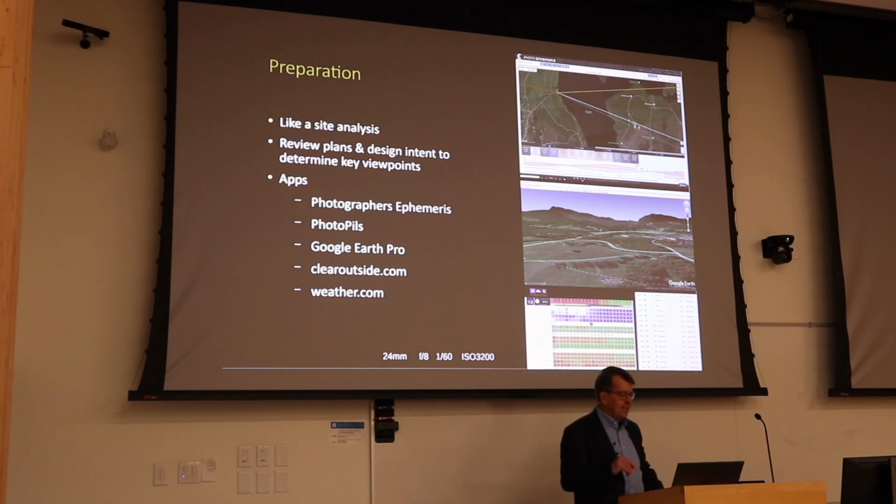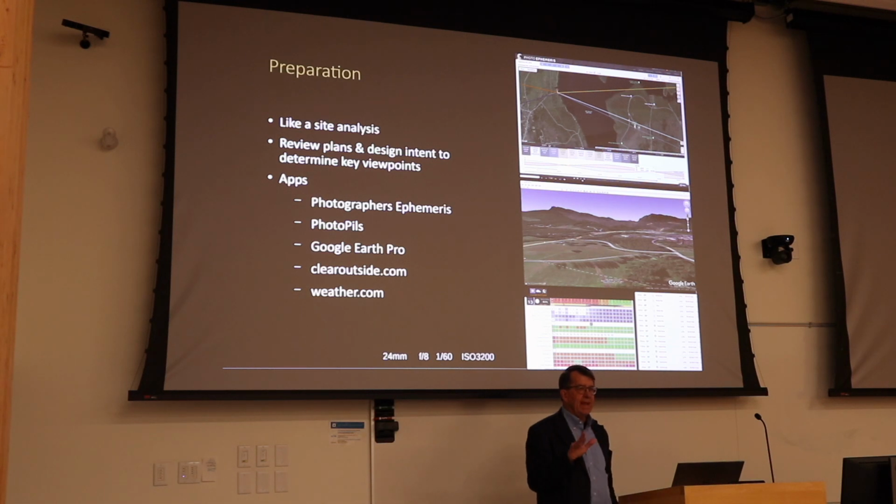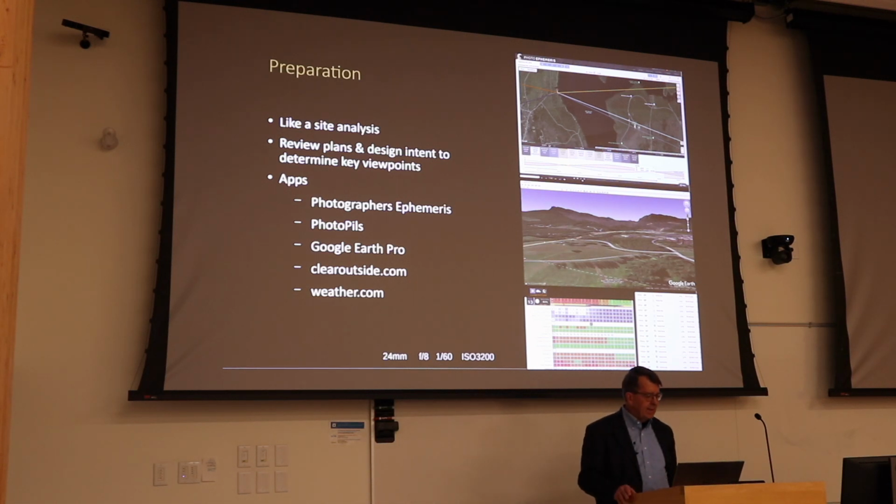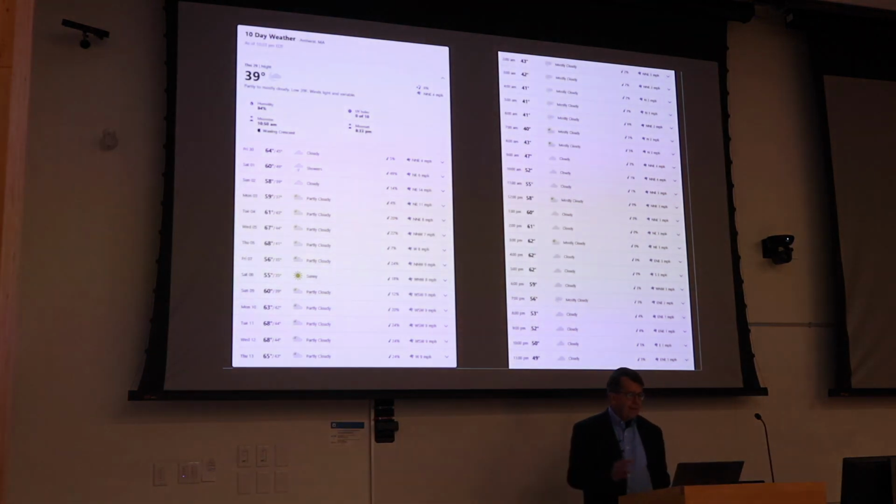PhotoPills is a very similar app that you can get on your phone or iPad or computer. Google Earth Pro, which I assume all of you are very intimately familiar with, is an incredibly useful tool for just scoping out a site and its surroundings. And then weather.com, Clear Outside, which gives you detailed information on clouds.